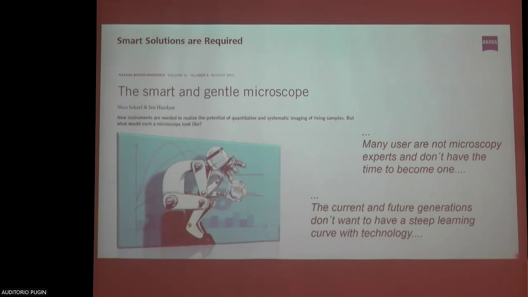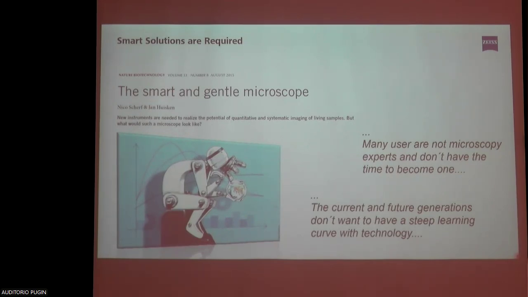Because already in 2015 or several years before, it was said by many professors all around the world, look, all my PhD students, master students, postdocs, they don't have the time to become microscopy experts anymore. The microscopes need to become easier.